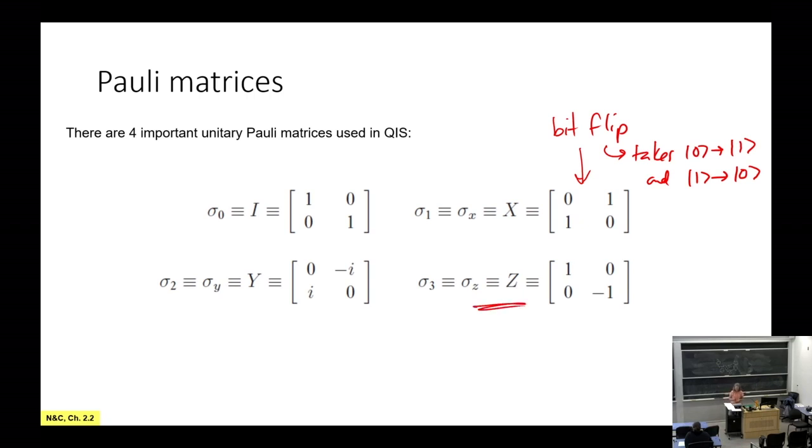So if we look at the Z gate here, we are seeing that we're leaving 0 invariant. We'll call this the phase flip. We're leaving 0, and we're taking 1 to -1. So we're adding an extra factor of -1, which is going to be called our phase factor. And that's why this gate is often called the phase flip gate. And we'll talk about why next week. Those are just to show them as examples of what this looks like in our case of qubits.